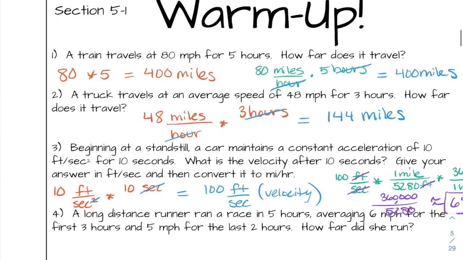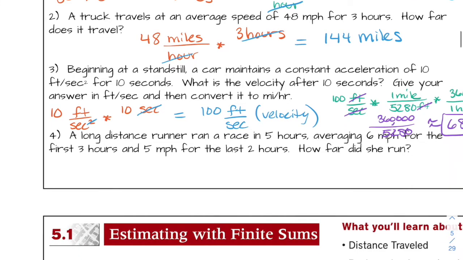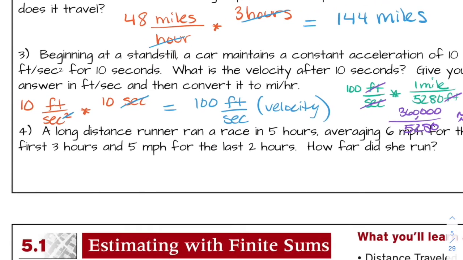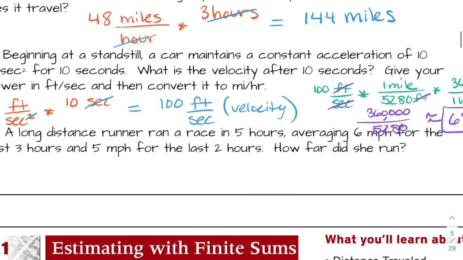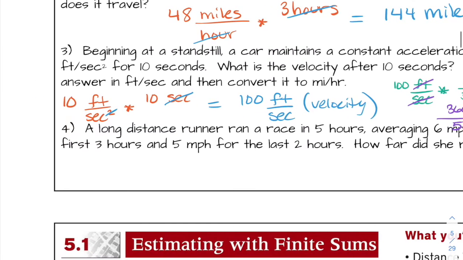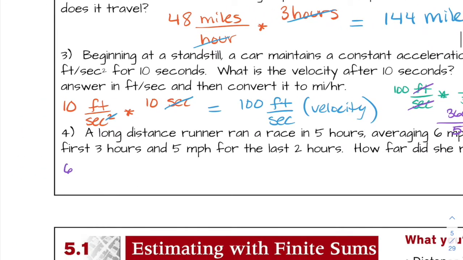But all right, a long-distance runner ran a race in 5 hours, averaging 6 miles per hour for the first 3 hours and 5 miles per hour for the last 2. How far did she run? So here we're gonna break them apart. So 6 miles per hour for the first 3 hours. So we're gonna do 6 miles per hour times 3 hours, and that will give us 18 miles.